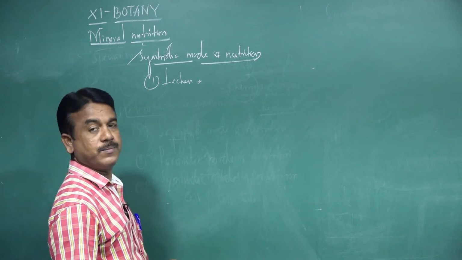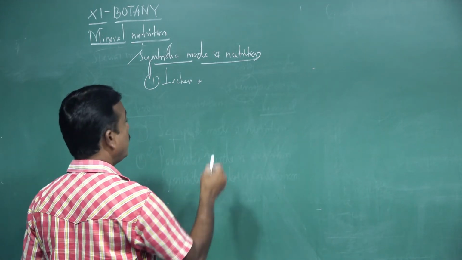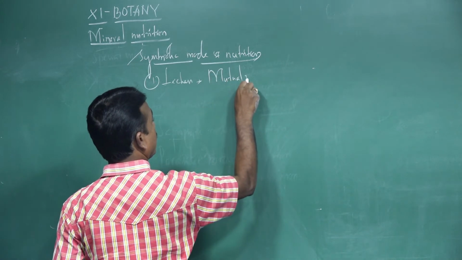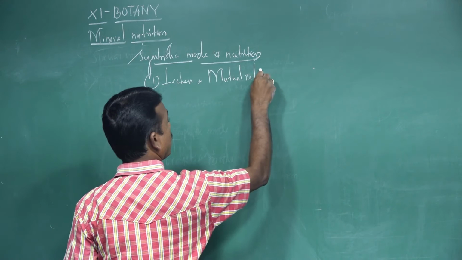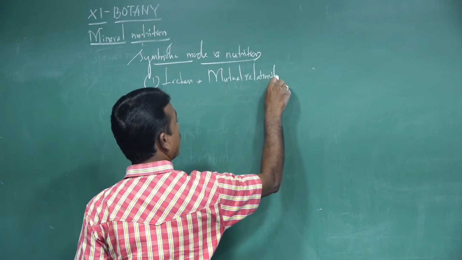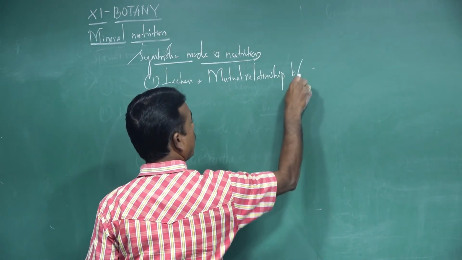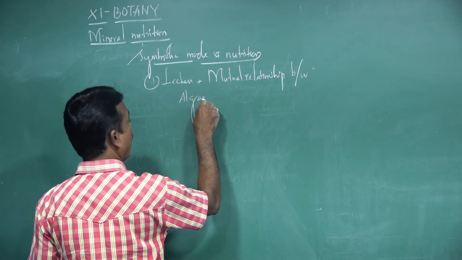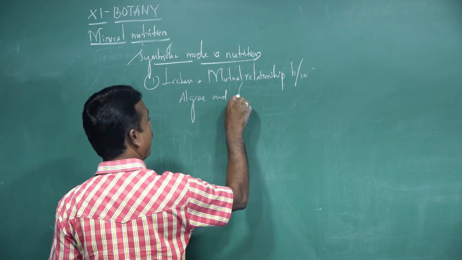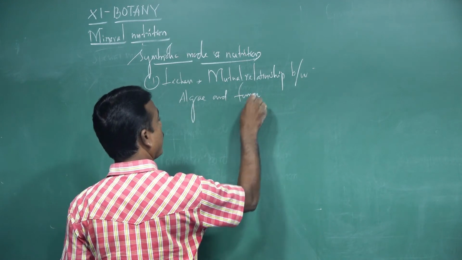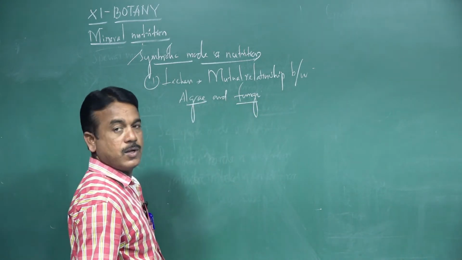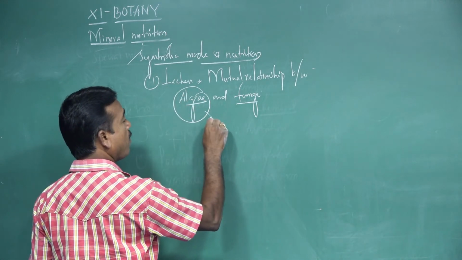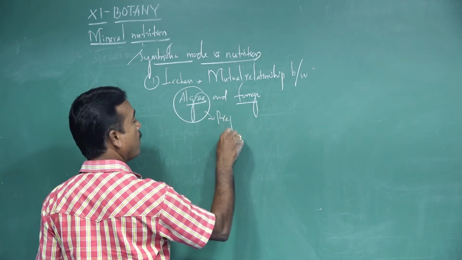Lichens possess a mutual relationship between algae and fungi. In these plants, algae are responsible for preparing food.